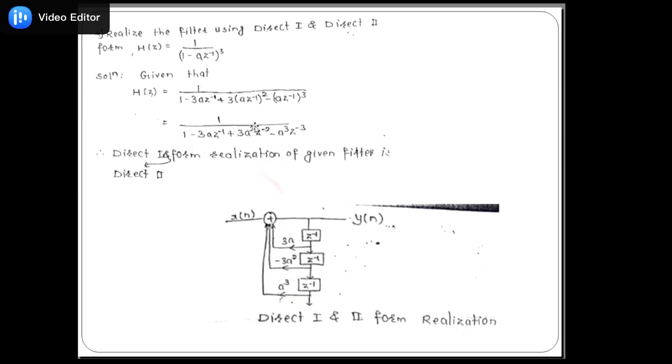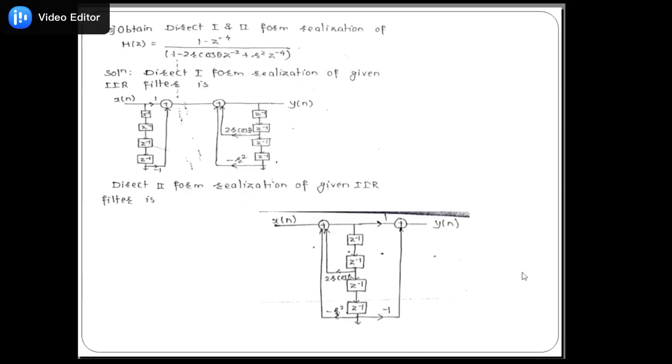Delay version 3a square by 2 sample, that's why sign will change. Then delay by 3 sample, that is minus a3, a to the power cube, a to the power 3, that's why that sign will change, right? Direct 1 and direct 2 form realization will be generated.